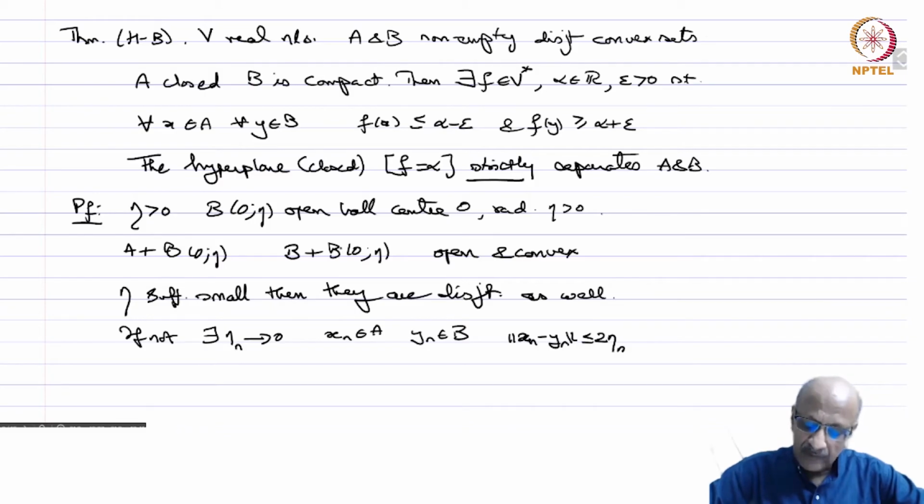So xn minus yn will have norm less than twice the same thing, and that is less than twice eta n. So that is why you have this.